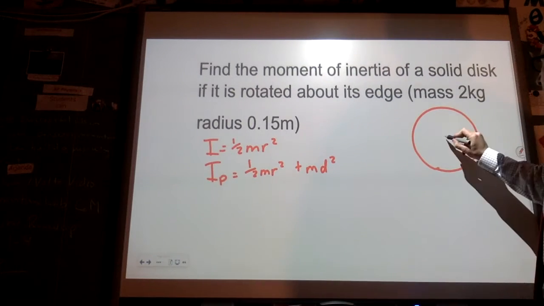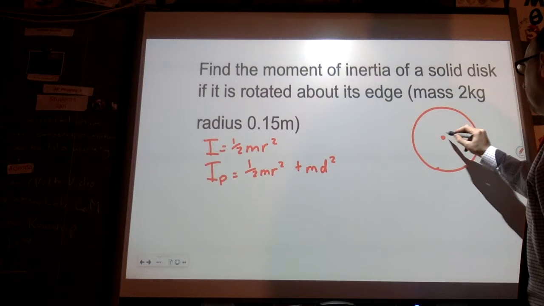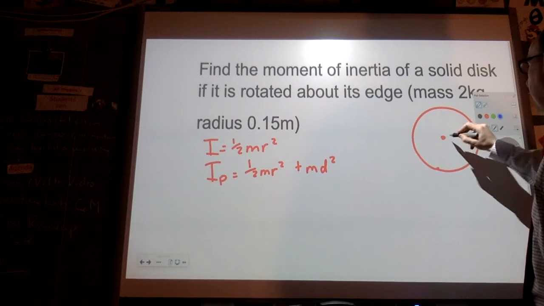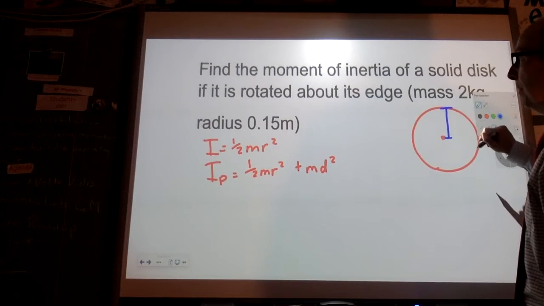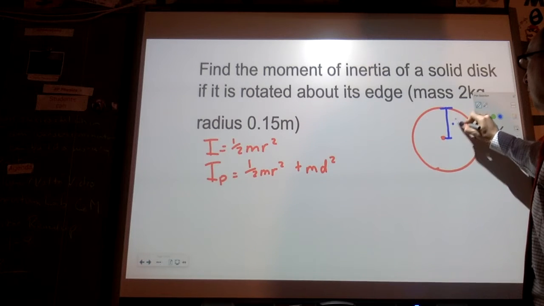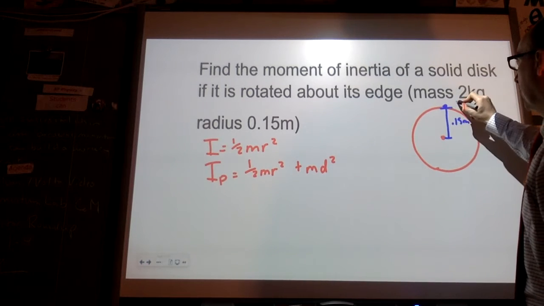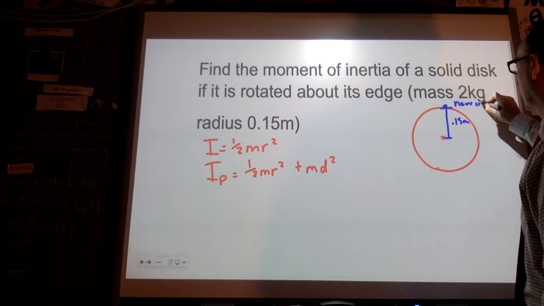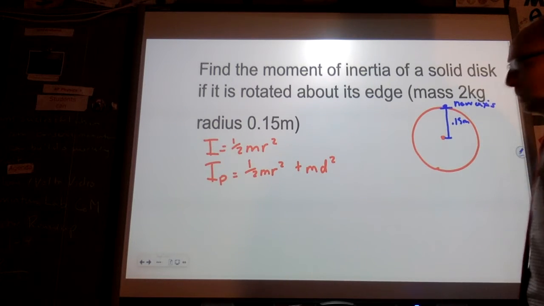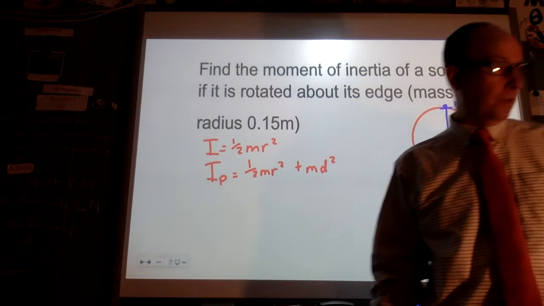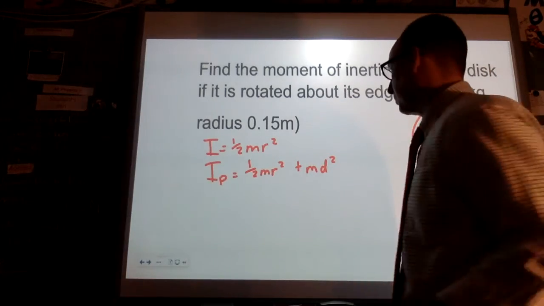So looking at our disk, this was our original axis. We're going to shift it up by 0.15 meters. So there's our new axis. And you guys will do this in the lab.